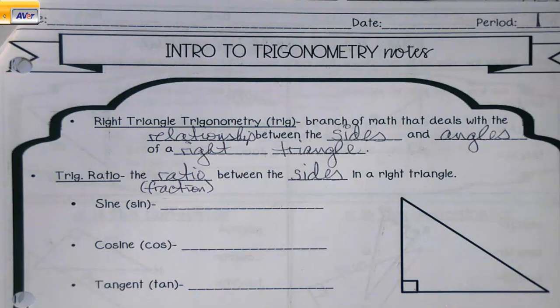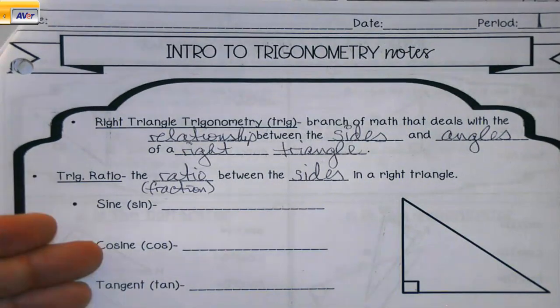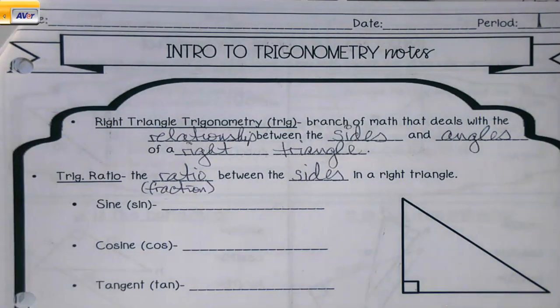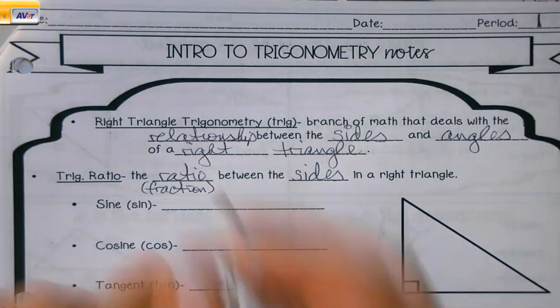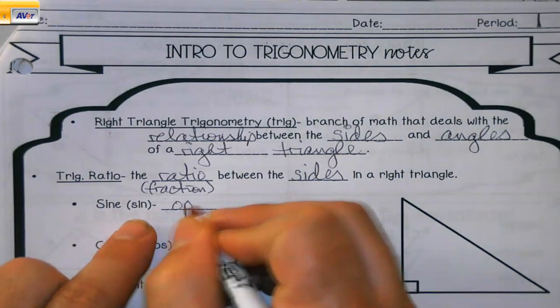All of the sides of a right triangle have a specific name and a specific relationship based on where you start. So, when we're doing sine, cosine, or tangent, those are our three basic trig functions we're going to be working with. We are going to be working with the following ratios.